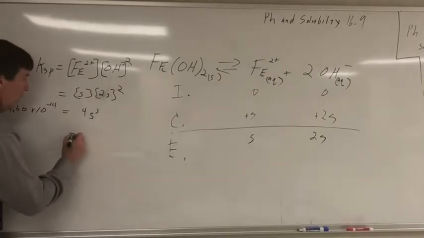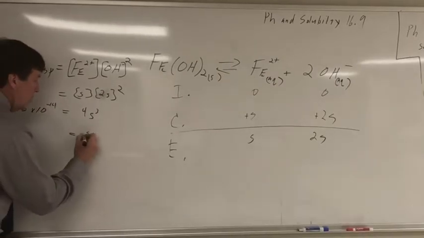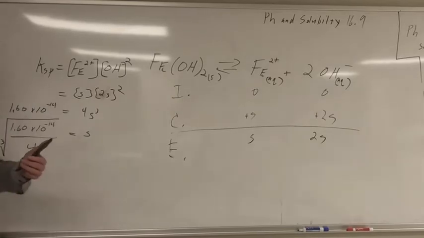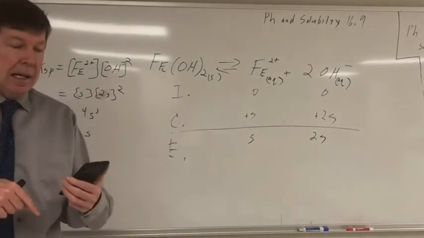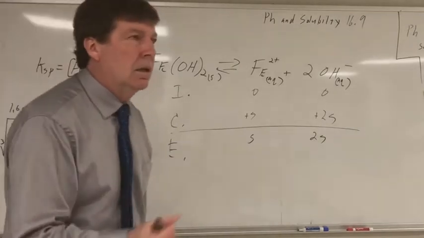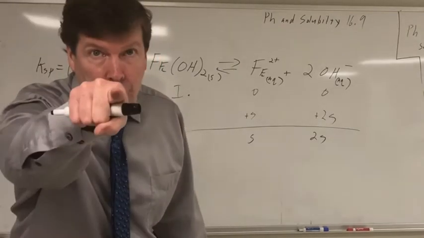So we're going to solve for S. So we have S equals 1.60 times 10 to the negative 14. We'll divide both sides by 4. We're going to take the cube root of that. The cube root is a second function on your calculator. Calculator people, you've got to know how to use your calculator, and you know who you are.